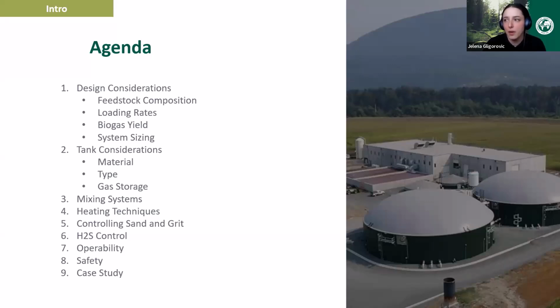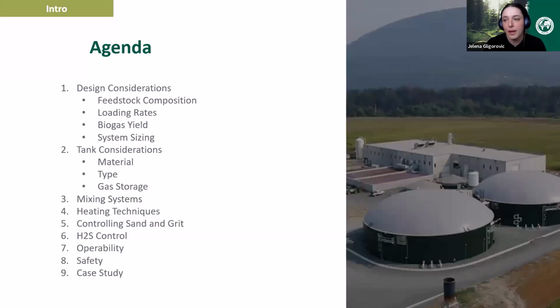So as a part of this presentation that I'm doing here, I have the agenda up on the board, but as Niels touched on, I want to focus on the major design considerations for digesters, which includes more of the process design as well as technology considerations.